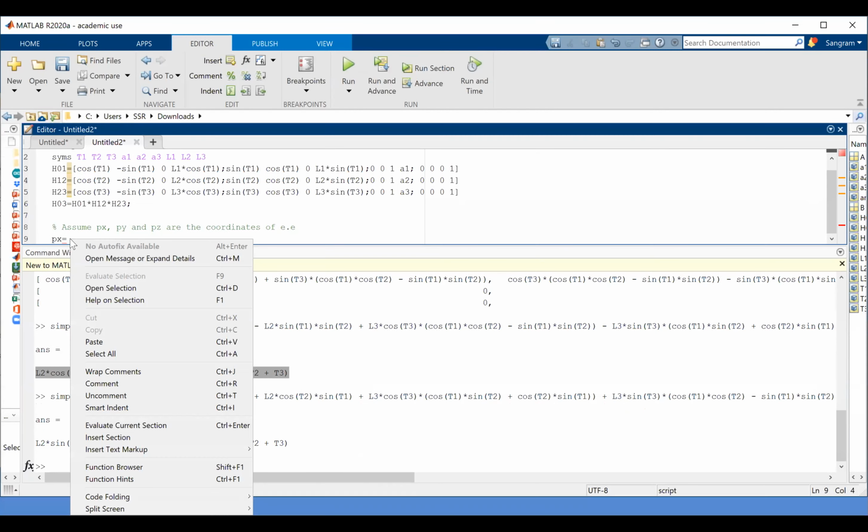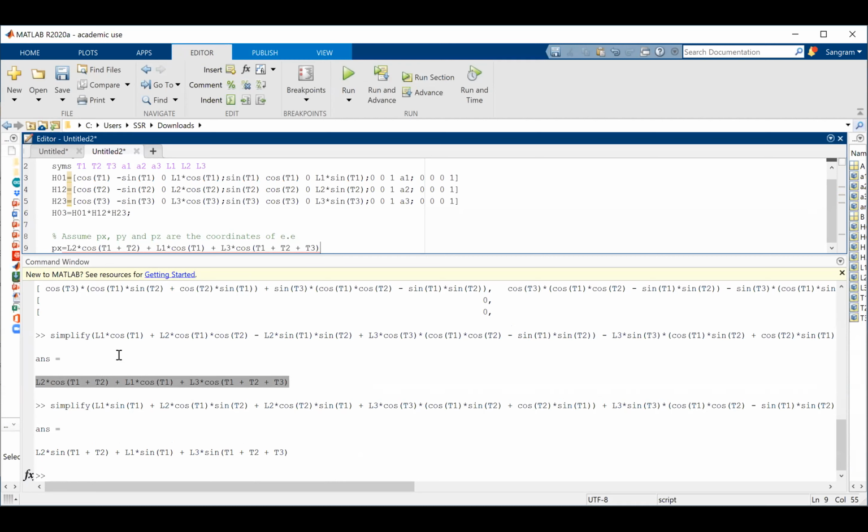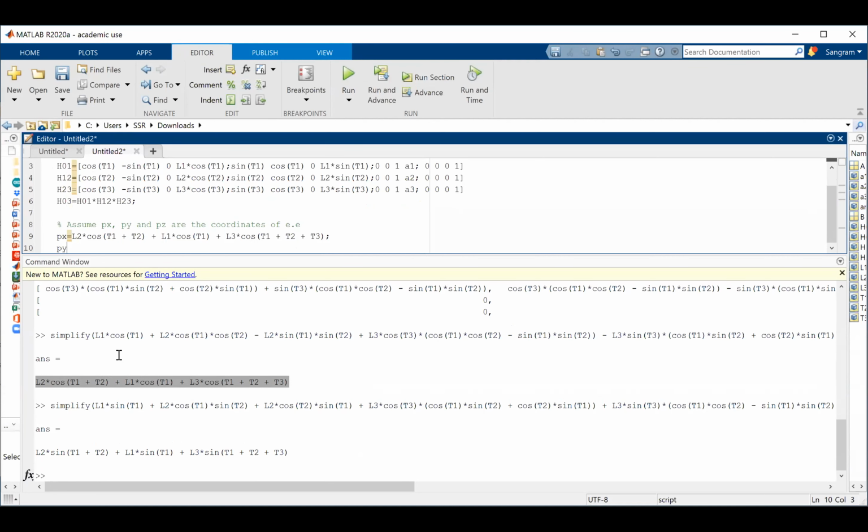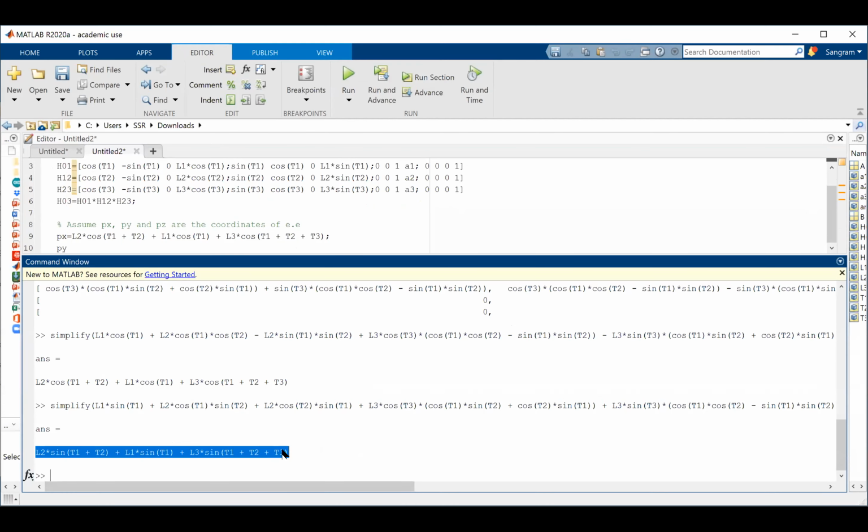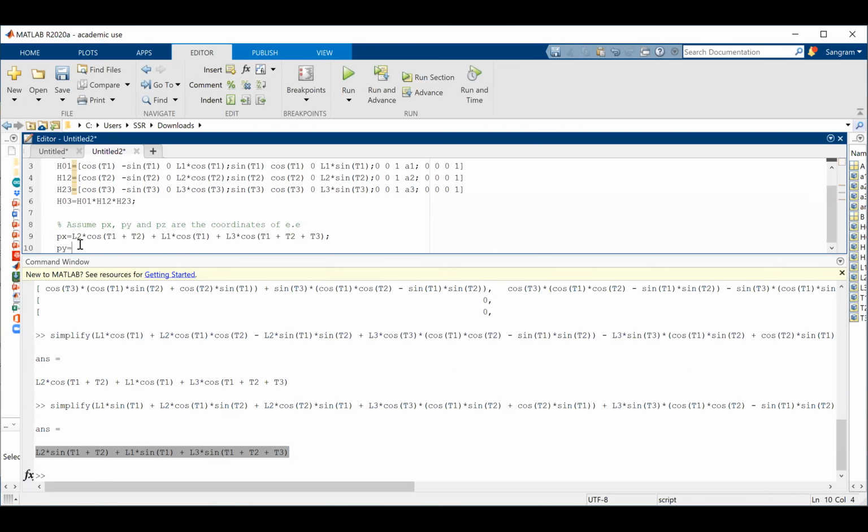Copy again, Py, copy, paste, and Pz is equal to A1 plus A2 plus A3.